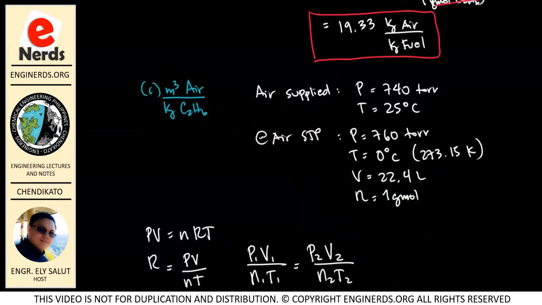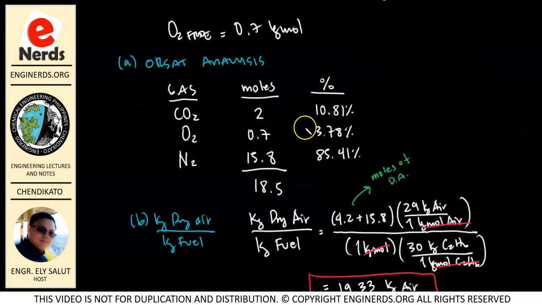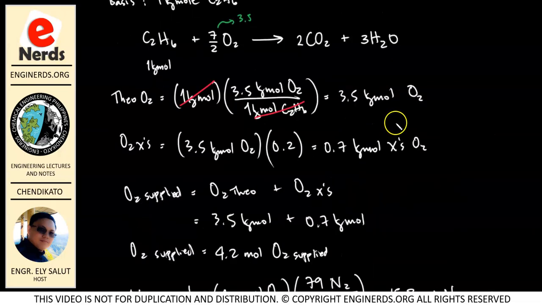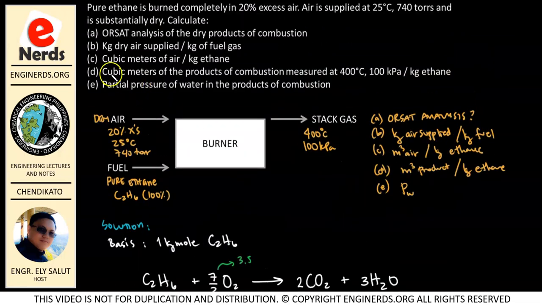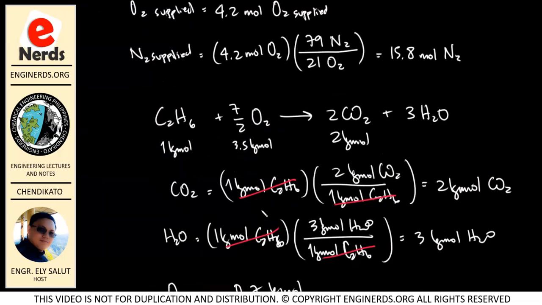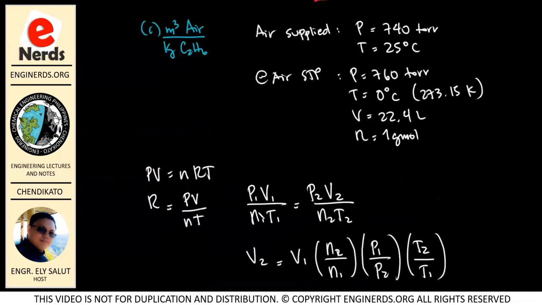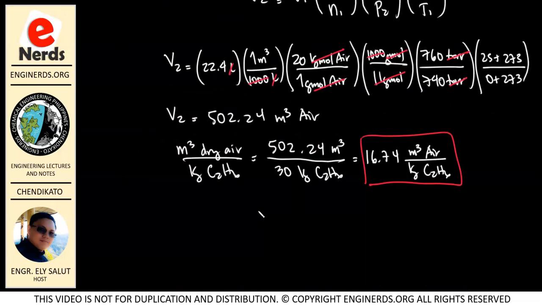So now we need to answer the fourth one. For the fourth one, we need to get the cubic meter of the products of combustion measured at 400 degrees Celsius and 100 kilopascal per kilogram of ethane. Okay, so we will be checking now on our stack gas.